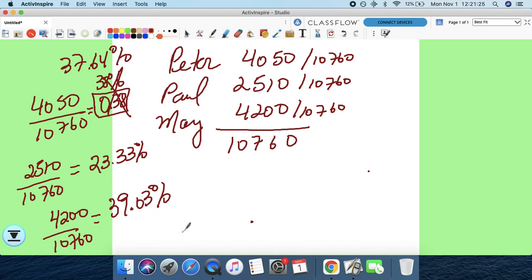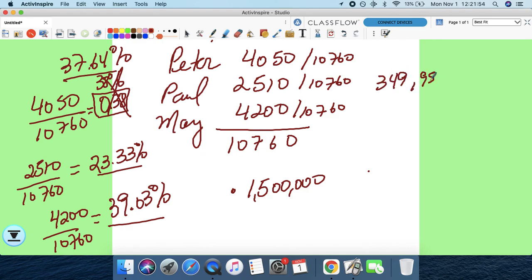So now we can take these, change them to decimals, and multiply all three values times 1.5 million, and you would get how much each of them would get in proportion to what they own. So take 23.33, or 0.2333, times 1.5 million, and Paul would earn 349,950.